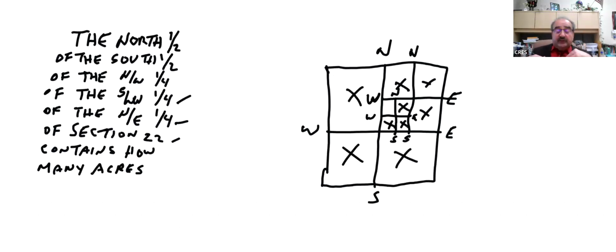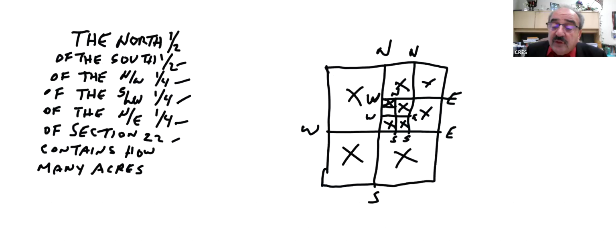Now, what's left over? You always start at the section number at the bottom, work your way up. Now I want the south half of what's left over. So I'm going to split this in half. Here I have a north half, I have a south half. I don't want the north half, I want the south. So I'm going to X that off. That's done. Now, what's left over here? Now I'm looking for the north half of what's left over.